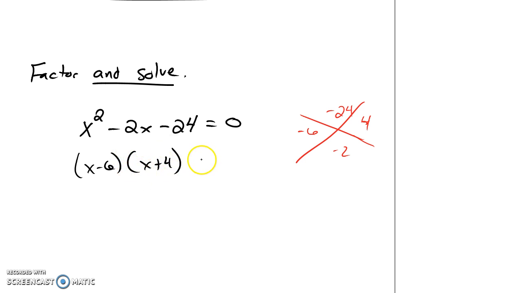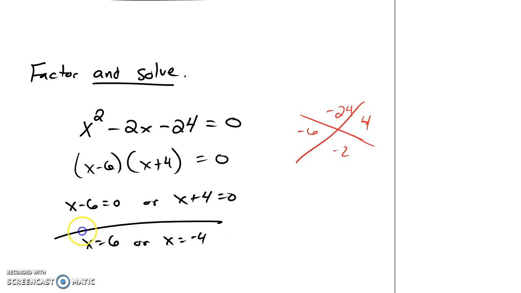That's what we've spent so much time on so far this chapter. And it's all equal to 0. Now it's the zero product property. Now it's binomial times binomial equals 0. x minus 6 is 0, or x plus 4 is 0. Therefore x is 6, or negative 4. That's where we're going to go in class and spend most of our class time.